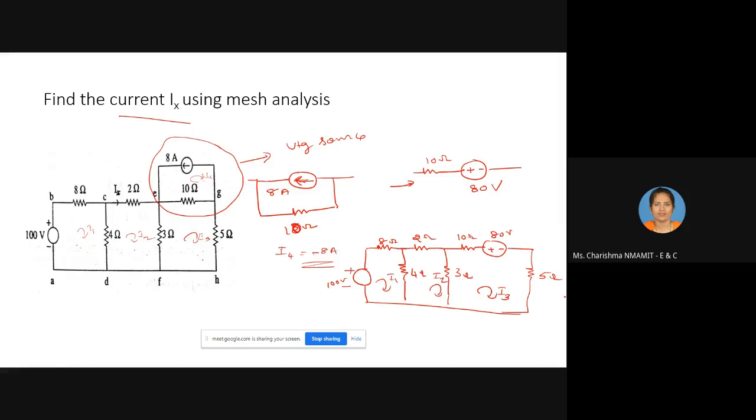Write the mesh equations for the three meshes and find I1, I2, I3. Write down the equations and tell me the values of I1, I2, I3.